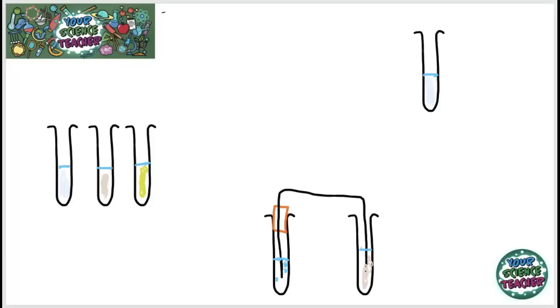We can also do tests to identify negative ions that are present as well. And there are 3 negative ions in which we need to know the test for, and the first one we'll look at is the one in the center. This is the test for the carbonate ion, and that's CO3 2-.